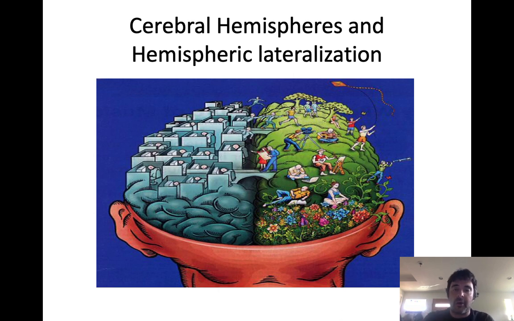Now, when we think about communication between the right and left hemisphere of the brain, remember the left hemisphere of the brain has areas unique to language and mathematics, or certain types of arithmetic or mathematical processing. And the right hemisphere of the brain has regions unique to certain types of spatial visual reasoning.